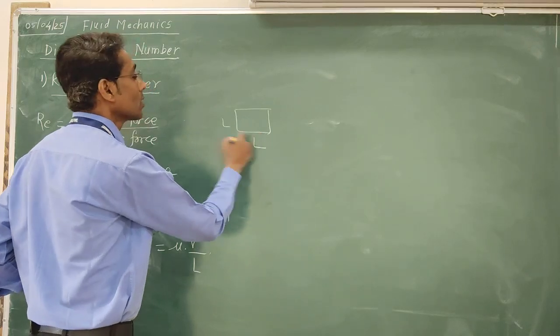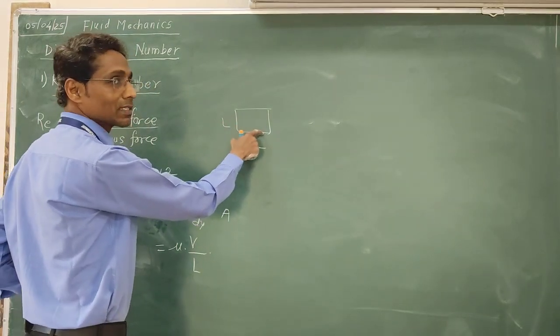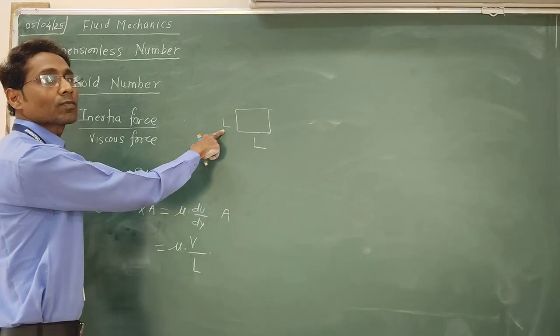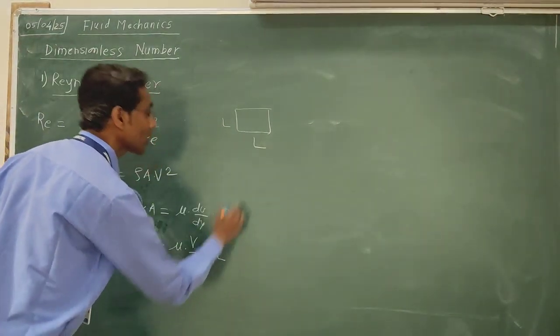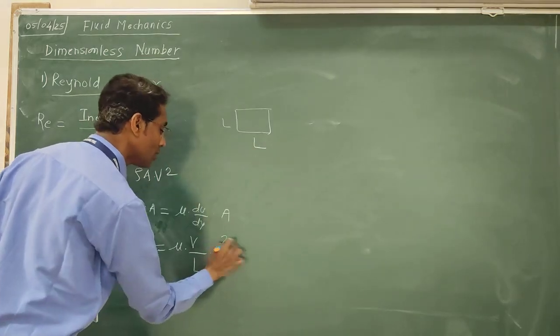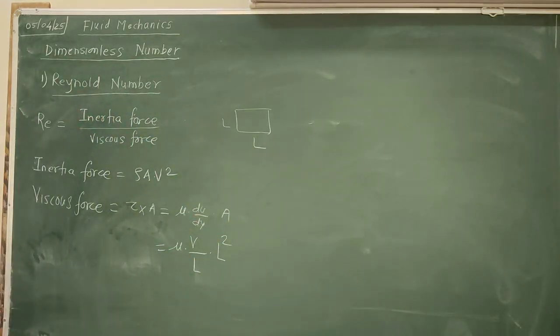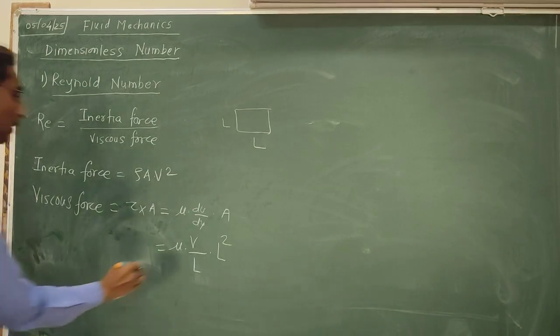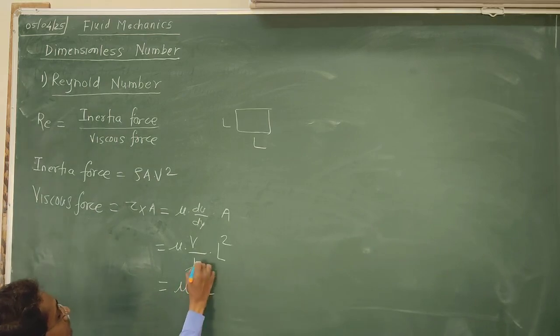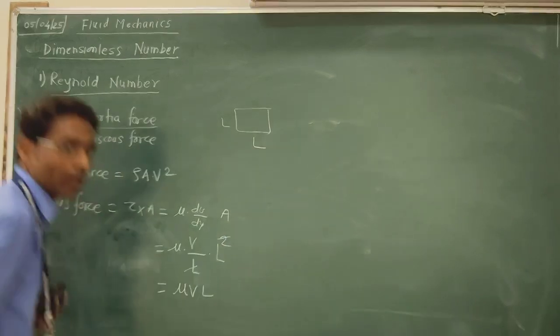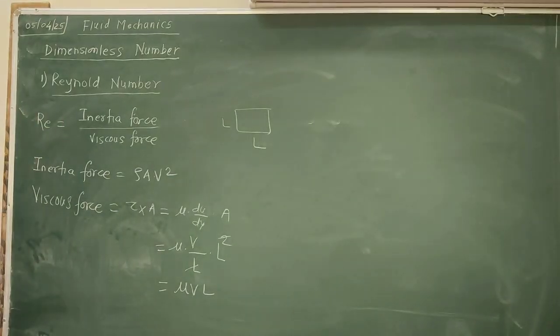Both of these are sizes, and size we indicate by the letter L. So area is L into L, meaning L square. So here we get mu V L square upon L, because this L will get cancelled with the square. So mu V L.